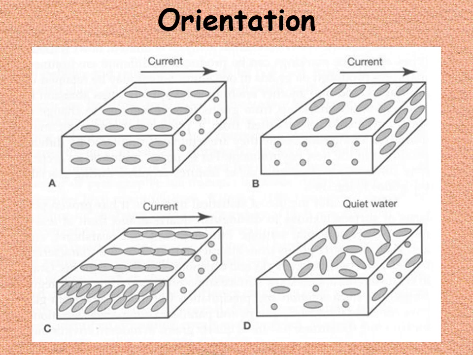Last is the orientation of the grain. As I already told in the packing slide, the orientation of grains is also important to describe the fabric of a sedimentary rock. Here you can see an elliptical grain is moving with the current. Now, if the current velocity or energy condition of the medium is low, then this elliptical grain moves along the bottom substrate.